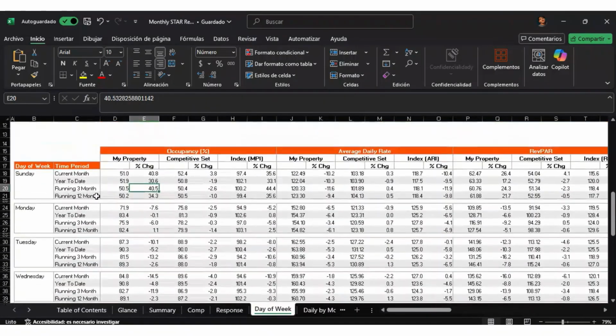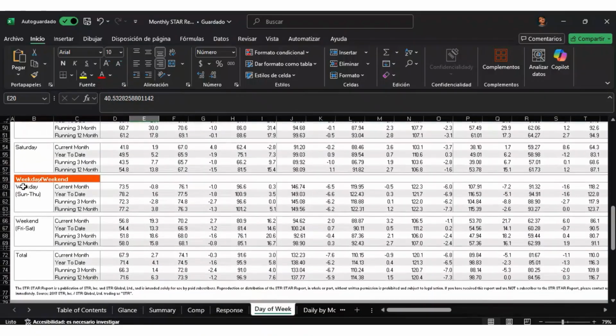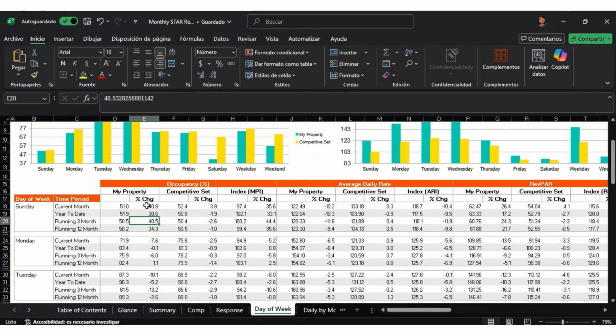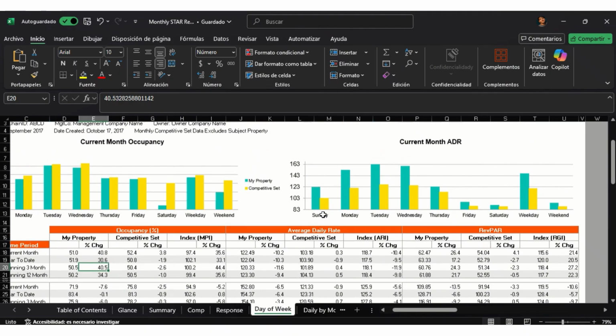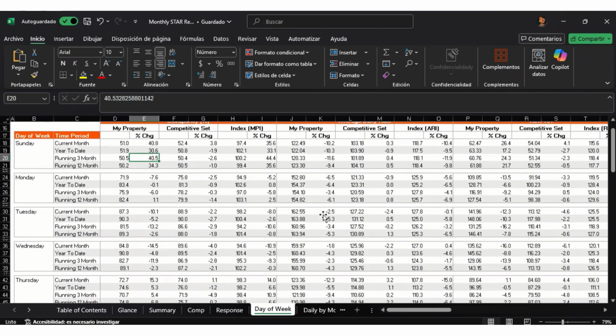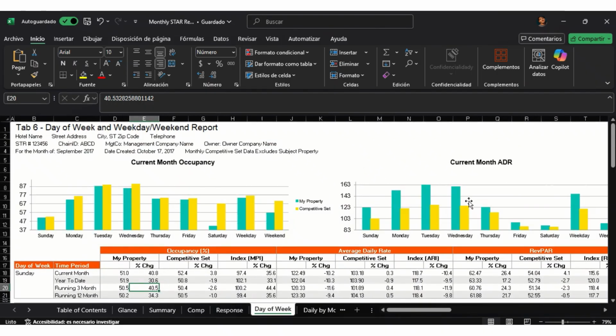For example, we have all the week: Sunday, Monday, Tuesday, Wednesday, Thursday, Friday, Saturday, weekday, and weekend, and the total. And obviously, property, percentages, competitive set, index, and all of that. We also have graphics that are, in my opinion, more visual and easier to understand than this information of numbers and all of that. So here we are. It's very nice, actually.